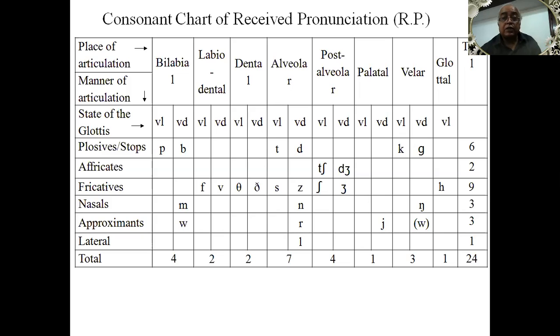Then it is alveolar because the tip of the tongue touches the teeth ridge or the alveolar. And the third criterion is that it's a plosive. So D is a voiced alveolar plosive. Now the next plosive sound is K. It's something like this, small k.